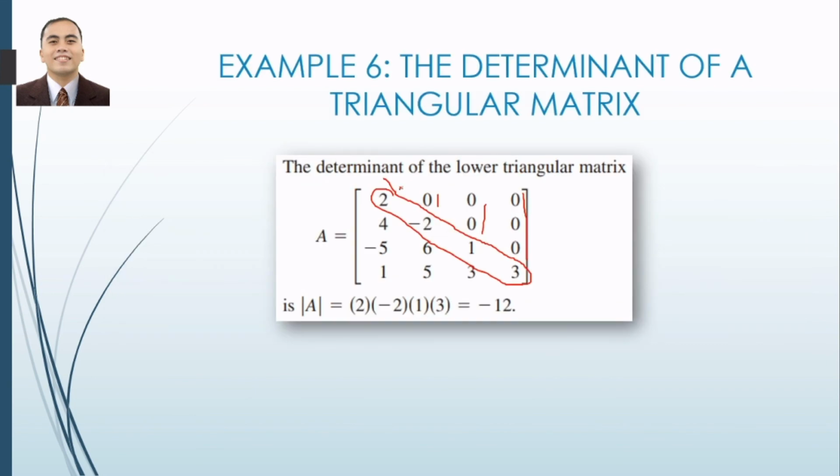We only need to multiply, or find the product of, the main diagonal. So we have 2, negative 2, 1, and 3. So 2 times negative 2, that is negative 4, times 1, that is negative 4, times 3, that is negative 12. Therefore, the determinant of this matrix is negative 12.